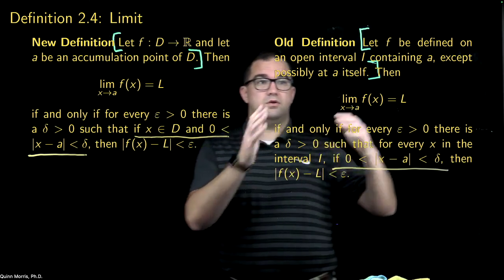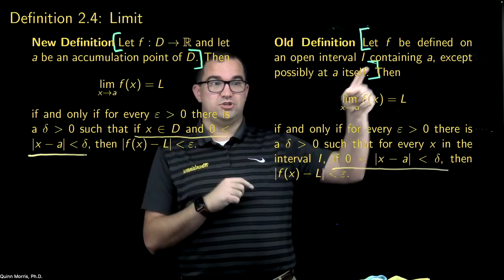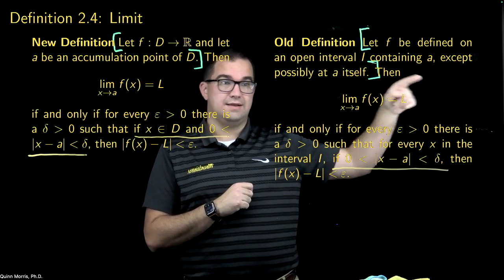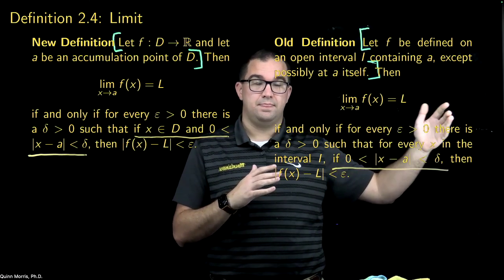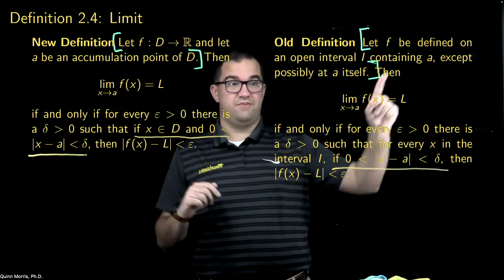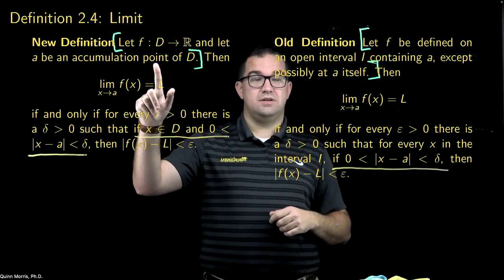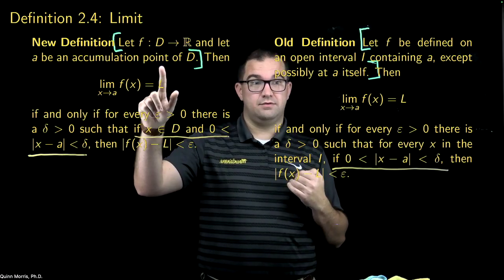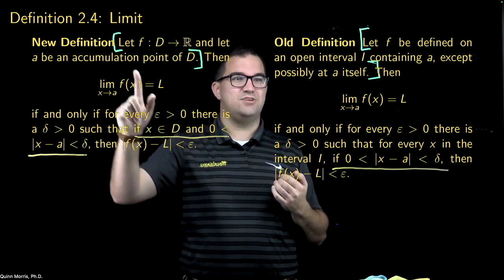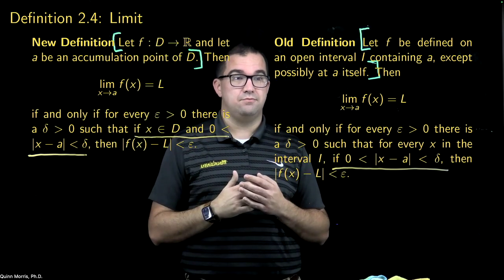So again, the old definition is exactly the same as the new definition if f is defined on an open interval I containing a except possibly at a. So these give you the same thing if f satisfies this condition. However, this condition is a weaker condition. Okay? A weaker condition means actually stronger definition. I need to assume less about my function, and I'm still able to produce the same results.